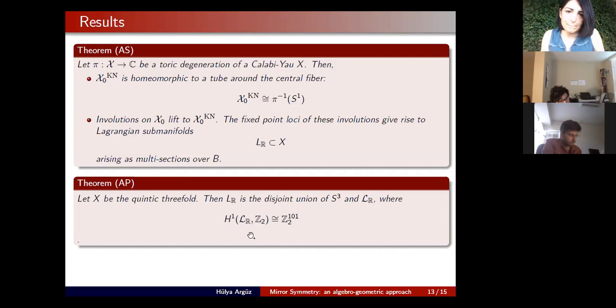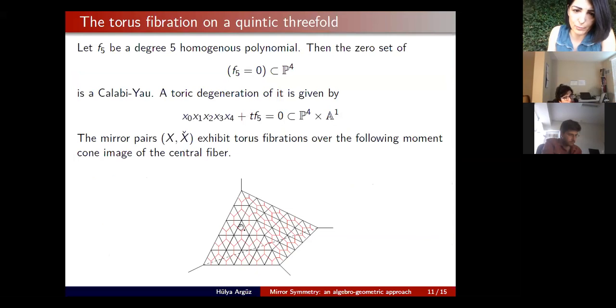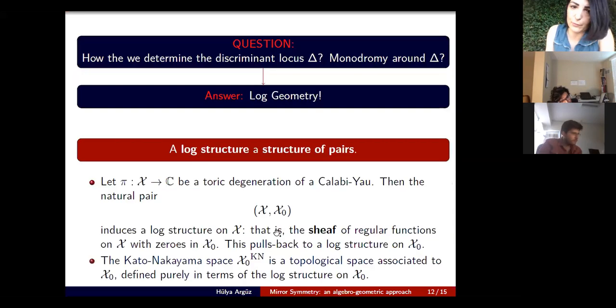So this theorem I just stated for the quintic, but we showed this in much bigger generality with Thomas, and we wrote another paper this year showing how the mod 2 cohomology of real Lagrangians actually do connect to Hodge numbers. And the idea being the mod 2 cycles that generate the mod 2 cohomology groups of real Lagrangians are in correspondence with integral points in these polytopes, and these integral points, counts of these integral points were the work of Batyrev, correspond to Hodge numbers.